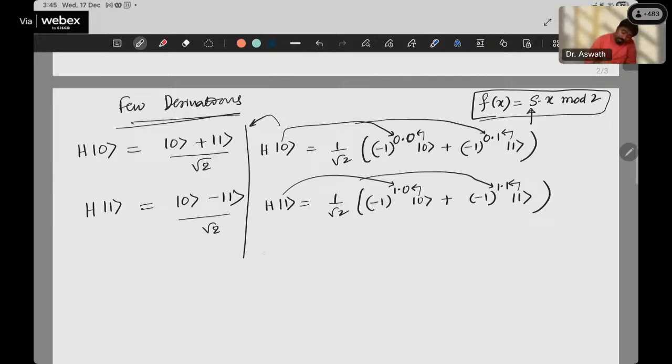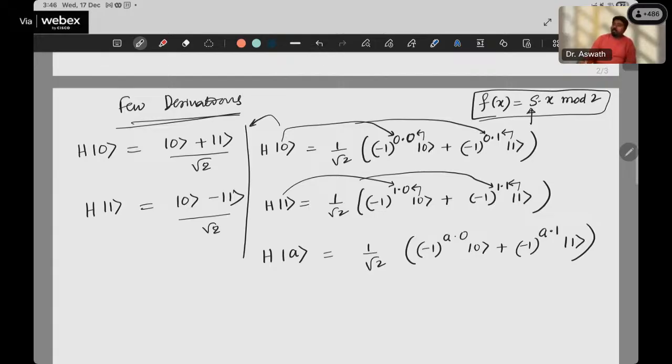Now I will generalize: H can act on any a, which can be 0 or 1, and the output is minus 1 to the power of a into 0, 0 ket, plus minus 1 to the power of a into 1, 1 ket.